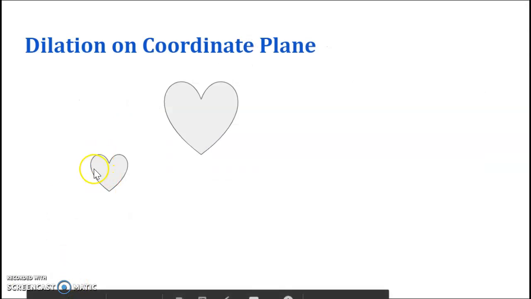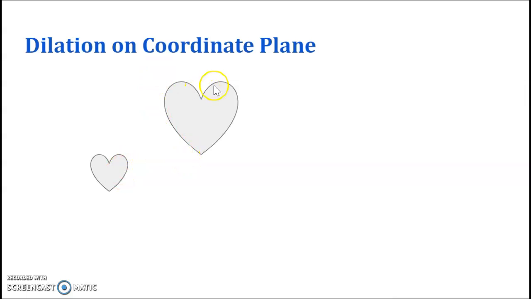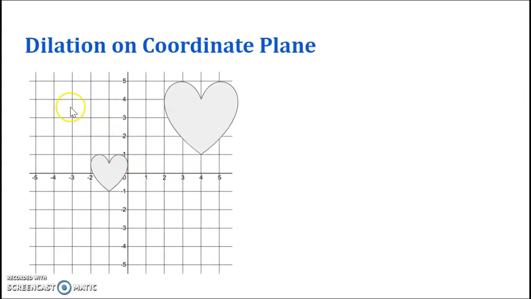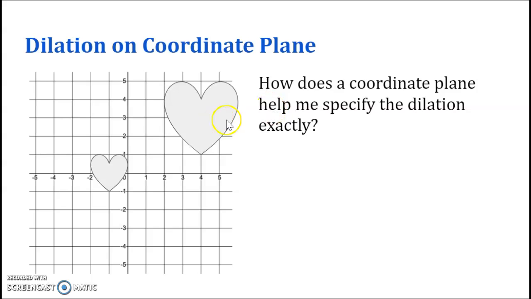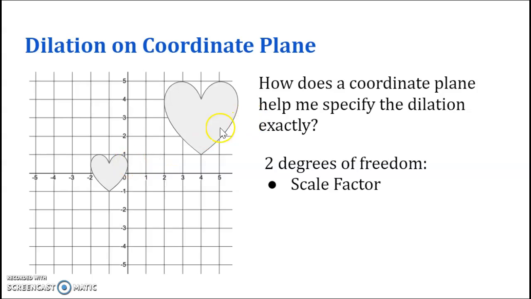So if I dilate this small heart and create this bigger heart, that's a dilation. If I put this in the coordinate plane, how does a coordinate plane help me specify the dilation exactly? Well, there are 2 degrees of freedom. That means there are 2 different things that determine the dilation.